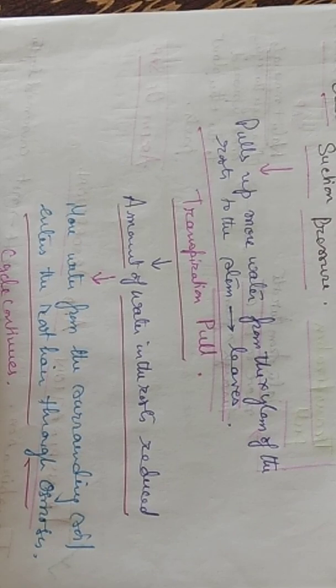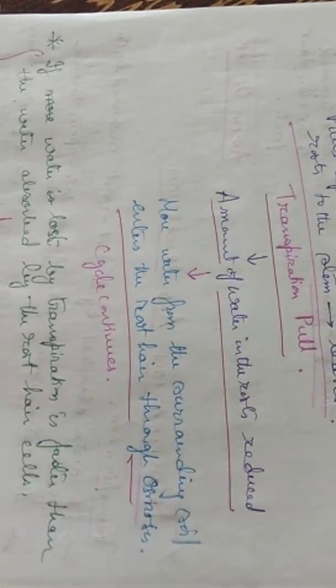Through the suction pressure, more water is pulled from the xylem of the roots to the stem and then to the leaves, and that is done by transpiration pull.